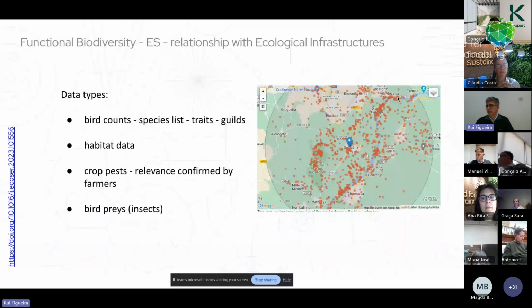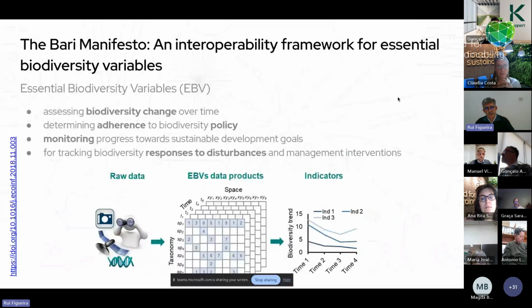So how can we rely on different data sources and aggregate that in an interoperable way to ensure the possibility of doing this kind of analysis? So the Bio Manifesto is a proposal that helps us to organize different sources of data and combine them in a way that makes it possible to do this type of analysis.